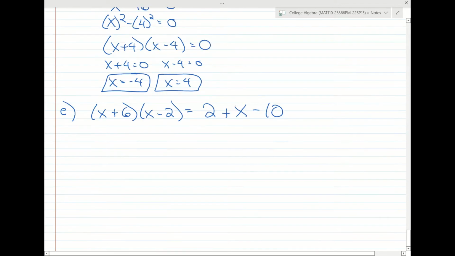The way you would solve this is you want to make sure that you factor completely. So let's go ahead and distribute, and then we'll get everything equal to 0. This would be x times x is x squared minus 2x plus 6x minus 12.